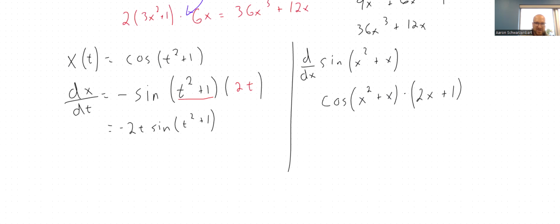Usually, it's probably a little cleaner to write that in front. This one doesn't matter quite as much, but writing it in front makes it clear that it's not part of the cosine. The parentheses should make it kind of clear, but it's easy to make that mistake. That makes sense?